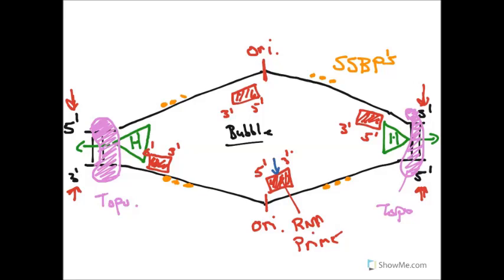We have 5 to 3 in this direction. If we look at this DNA strand, it is growing towards the fork. We're going to need some more primers in a moment, but this one is growing towards the fork.